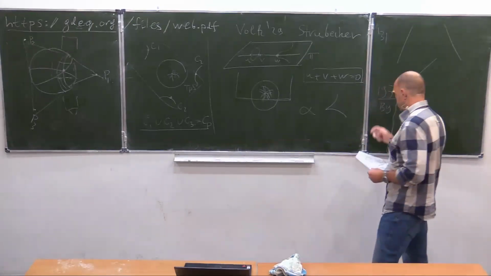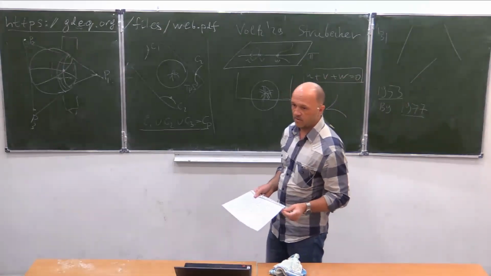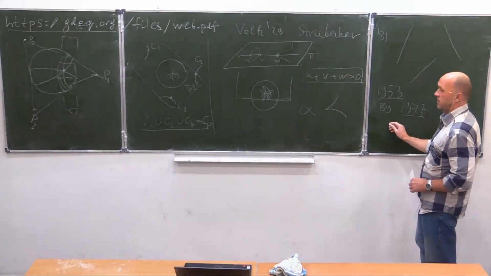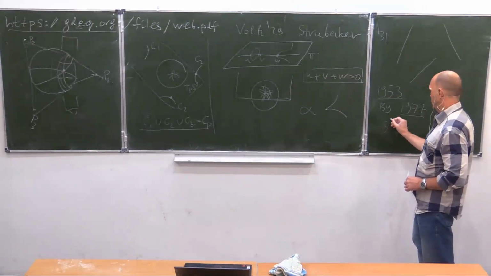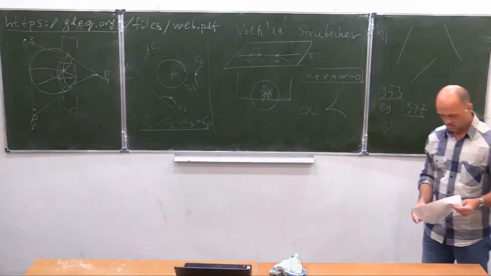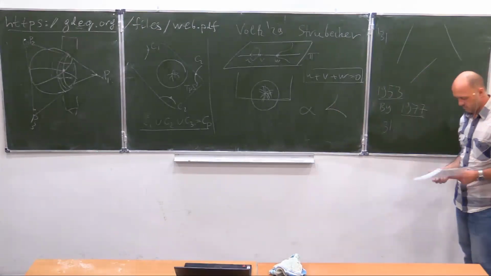Well, what are examples? So the first example is the one I started with. It was actually found by Blaschke's student. I don't remember the name of the student, but Blaschke gives his name.